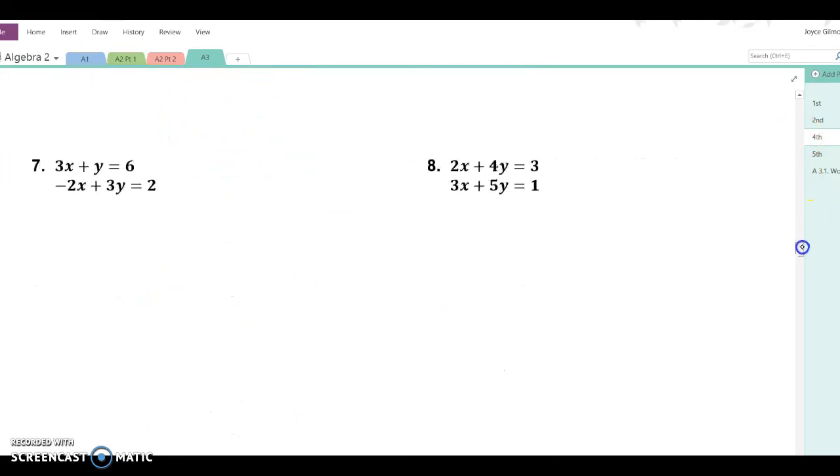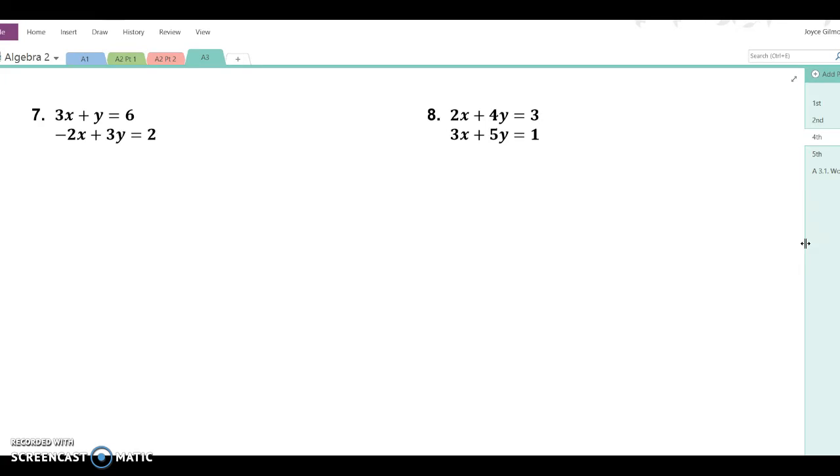Okay, let's look at number 7. Number 7 is actually set up nicely for elimination, but we have to do something before we eliminate. If I were to add these together right now, I would get x plus 4y equals 8. Nothing would eliminate.